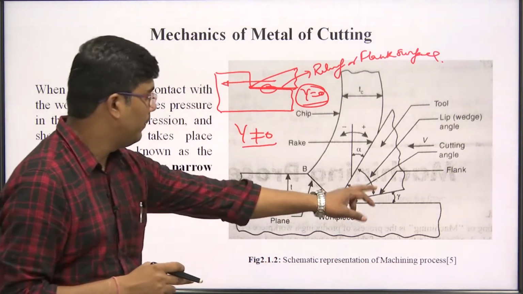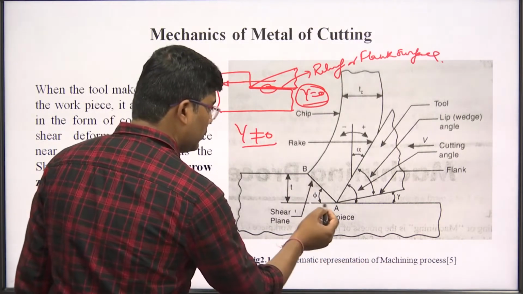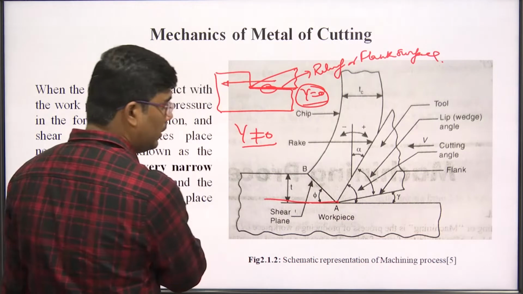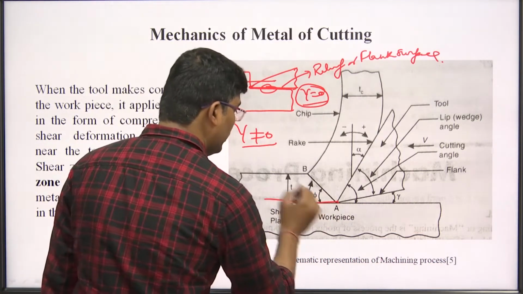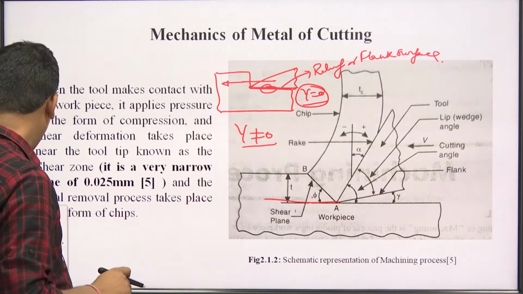किसकी? रिलीफ एंगल की. Next, the angle between the shear zone and machined line is known as the shear angle. इसको भी मैं इंडिविजुअली ड्रॉ करके आपको दिखा रहा हूँ.